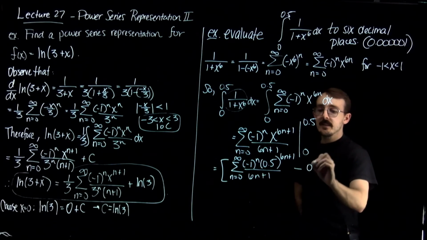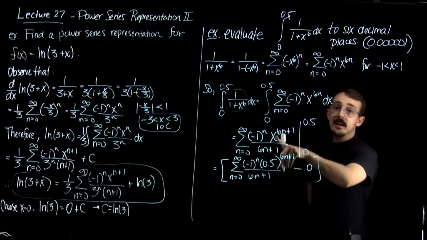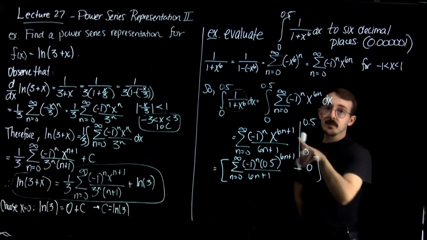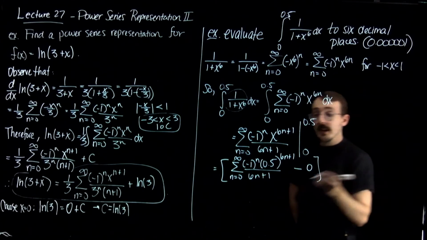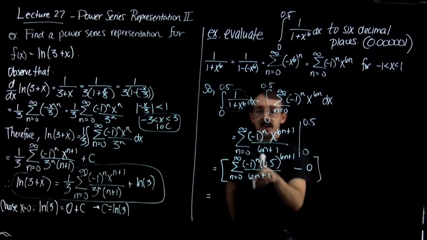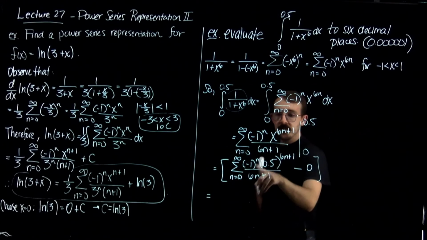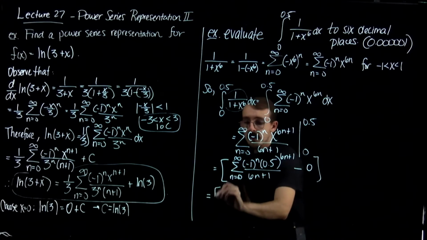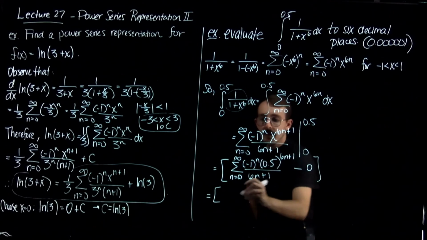And then I'm going to get 0. So this is the point I was trying to make. If you plug in 0 here, they're all going to be 0. All terms will be 0. So this series is just the 0 series. But now here, this is an infinite series. So for example, if n is 0, what do you get? You get 0.5 to the first power over 1.